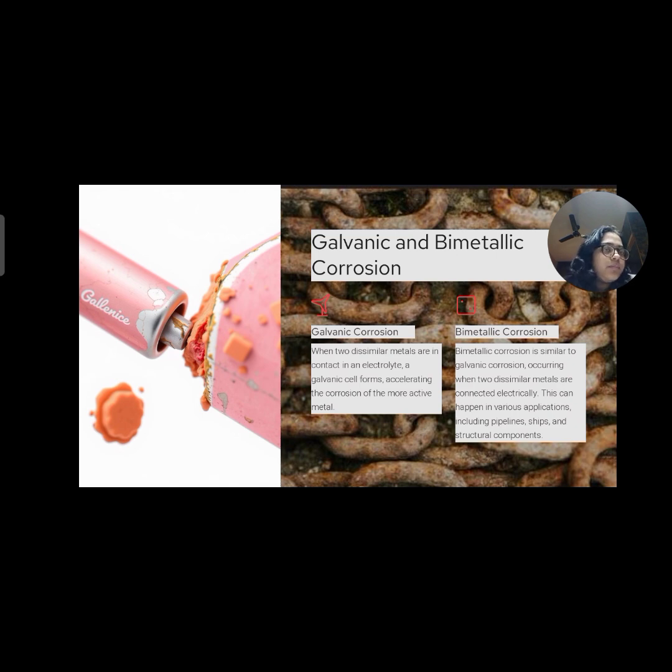The iron acts as the anodic region and the copper acts as the cathodic region because of the electrode potential. The anodic region again goes under oxidation, which results in rust. Bimetallic is also very similar, but there is a presence of electrolyte in this.